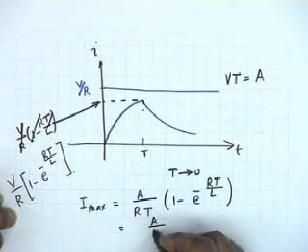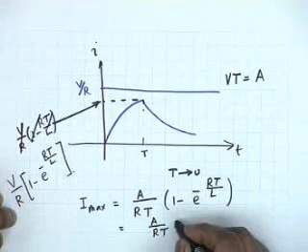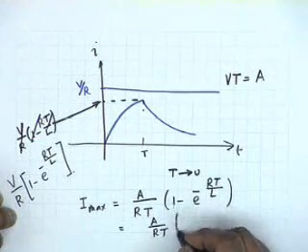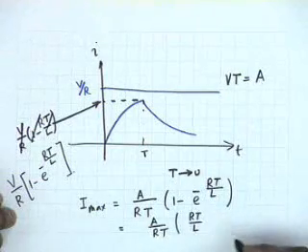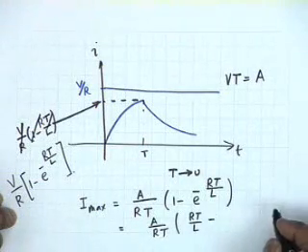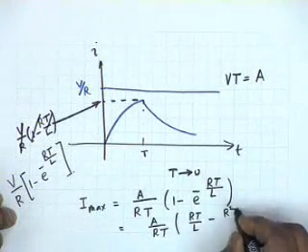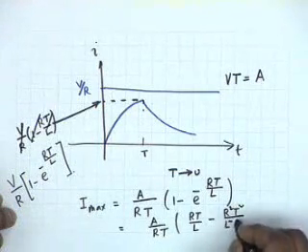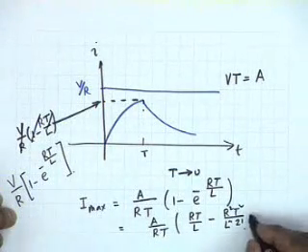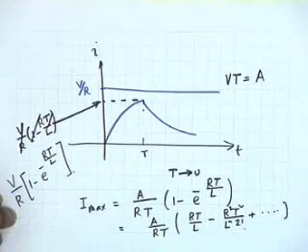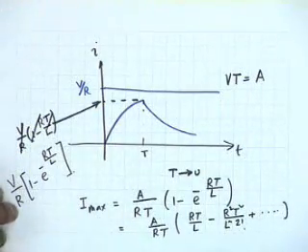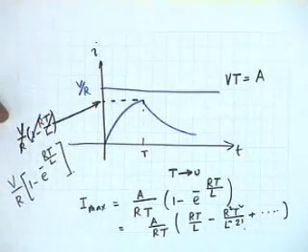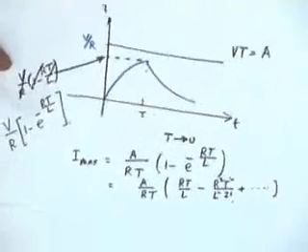Then I get A by RT times, inside the bracket, RT by L minus R square T square by L square 2 factorial plus and so on to infinity. Okay. This maximum current can therefore be simplified to the following.